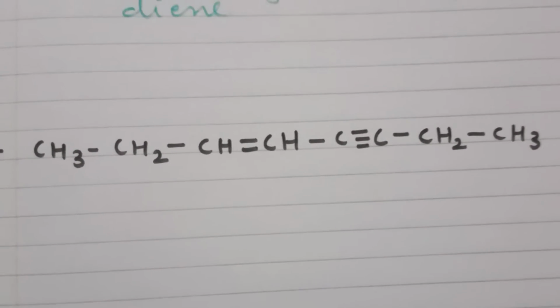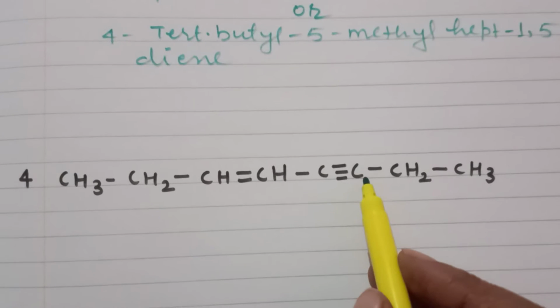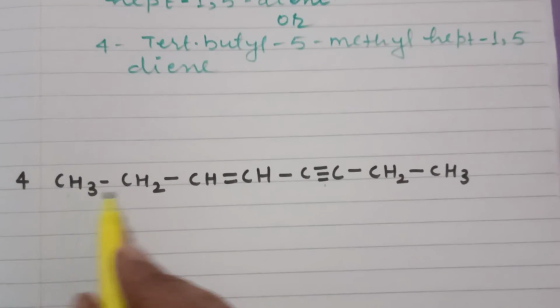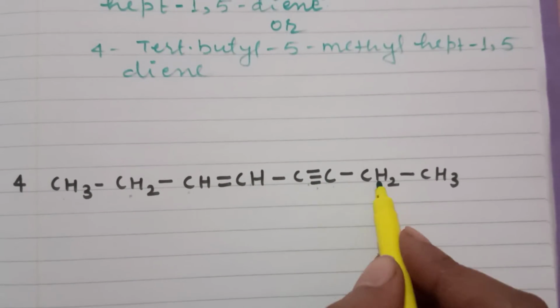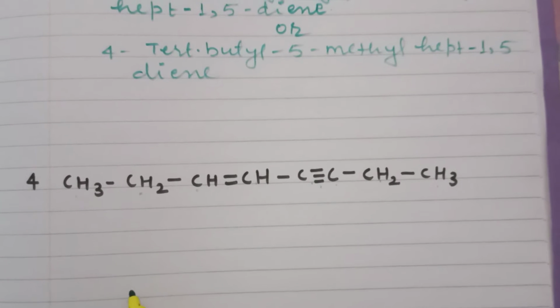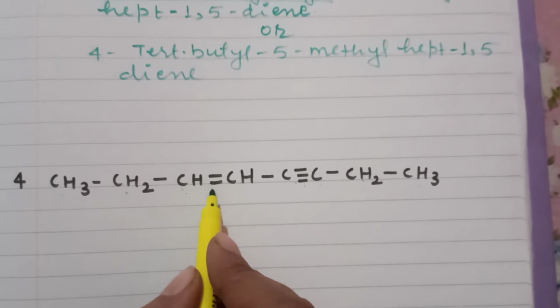Children, you try to write the name of this compound. Here both a triple bond and a double bond are present. Chain 1, 2, 3, 4, 5, 6, 7, 8. 8 carbons chain. But which direction will you choose? From this side 1, 2, 3, the third carbon has the double bond.